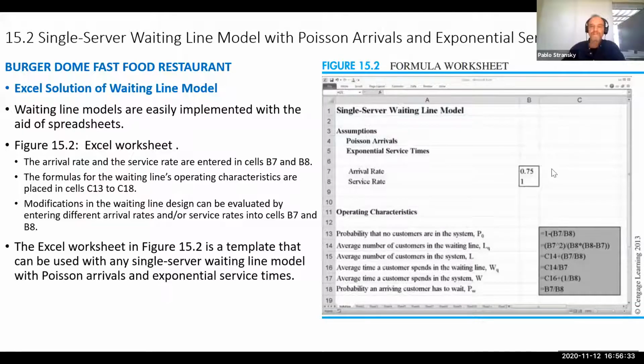The exercise here that I put on the screen is for 0.75 and 1, and the homework was for 0.75, 1 and 1.25. So you can just copy the column, change the arrival rate and the service rate, and the figures should change immediately if you work everything by column, no?